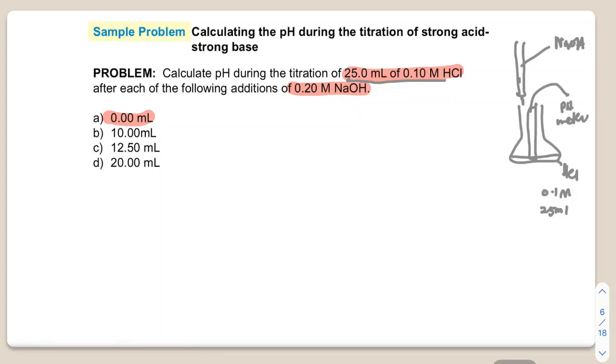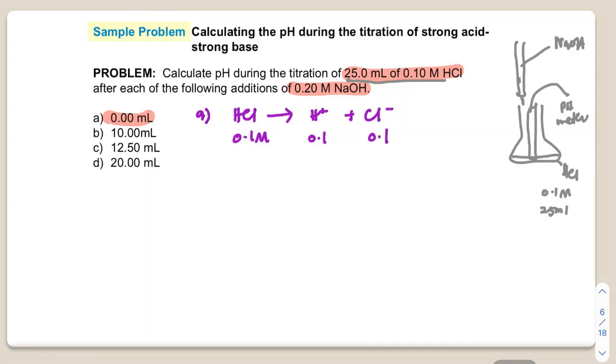For A, we have HCl only, and it undergoes dissociation because it is a strong acid, so it is 100% dissociated into H plus and Cl minus. Since the concentration of the HCl is 0.1 molar, the concentration of the H plus will be 0.1 molar, and chloride also 0.1 molar.